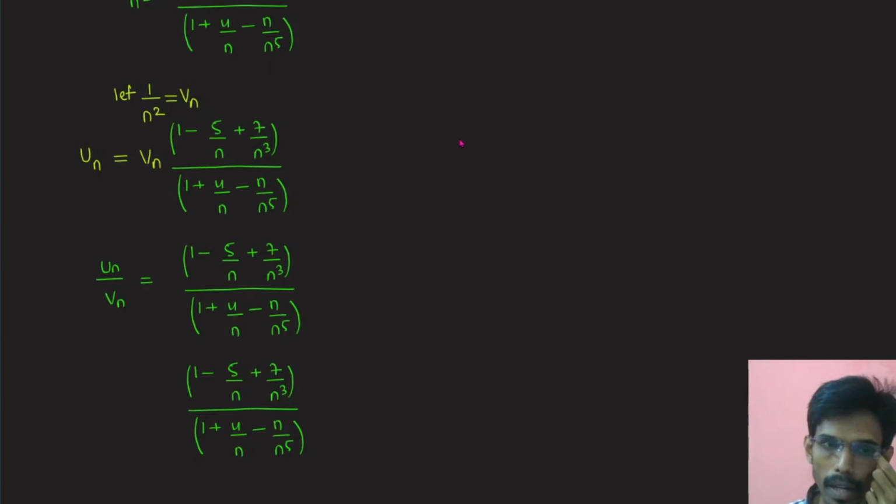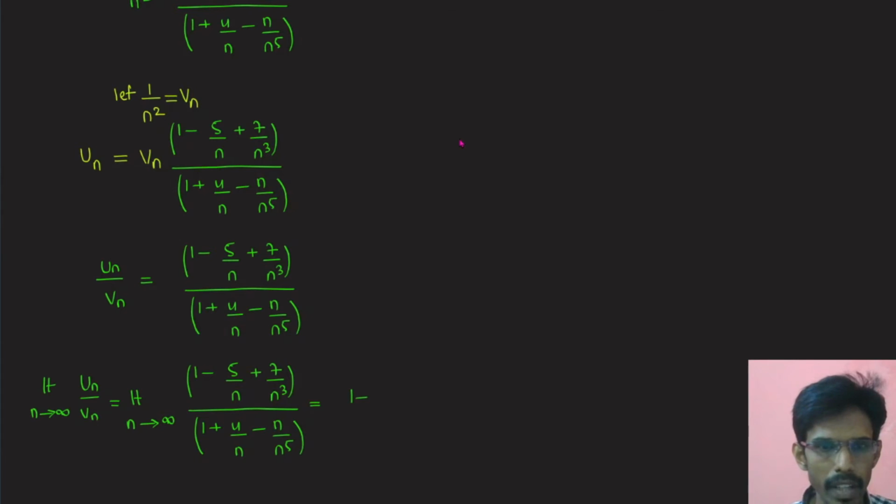Now apply limits on both sides. Then I'll get limit n tends to infinity un by Vn, whose value is limit n tends to infinity. If n tends to infinity, 1 by n tends to 0.